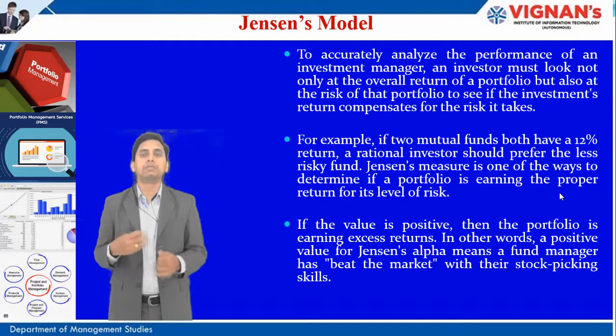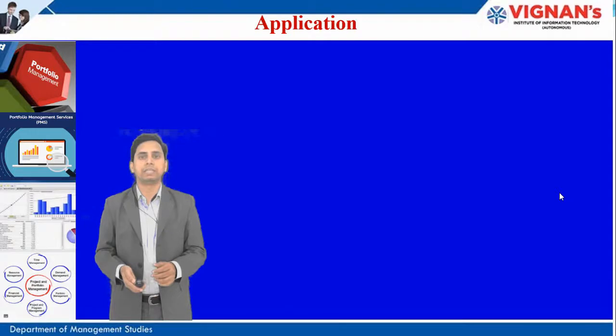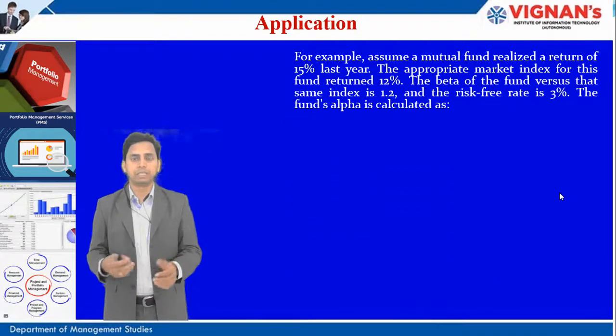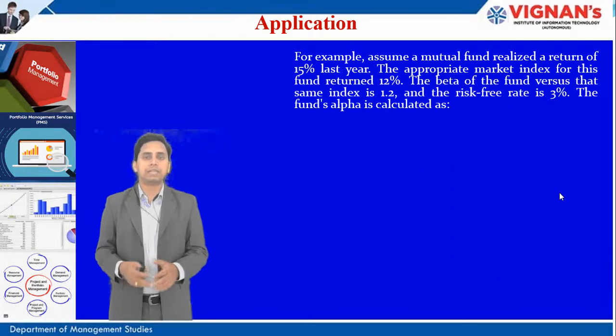It means the portfolio manager has applied his skills to achieve this 12% return with minimal risk taken. So he has beaten the market with the skills they have applied. So this is very important while selecting portfolios for any investors.